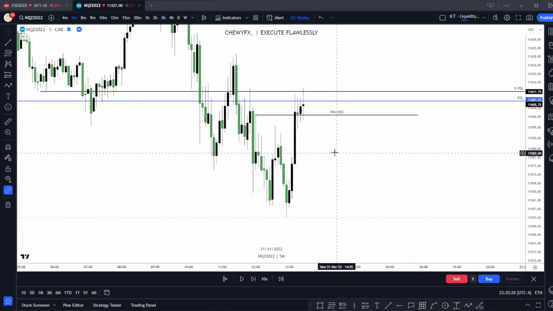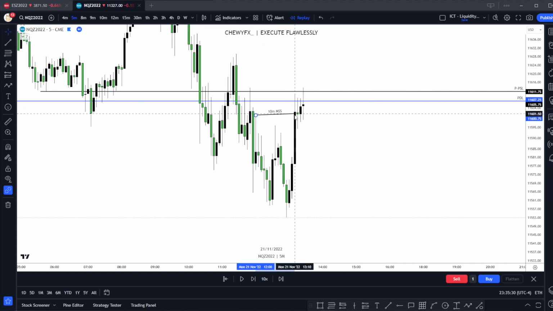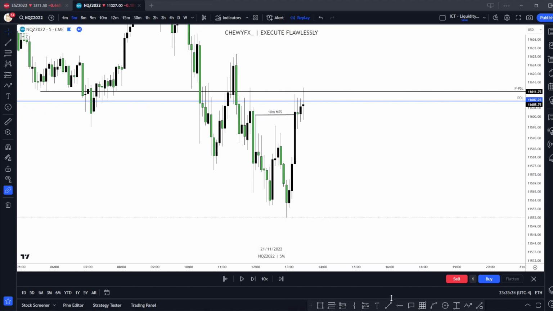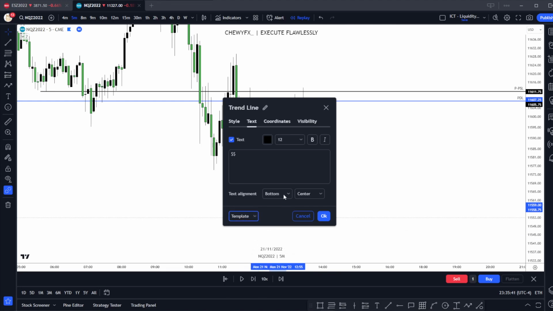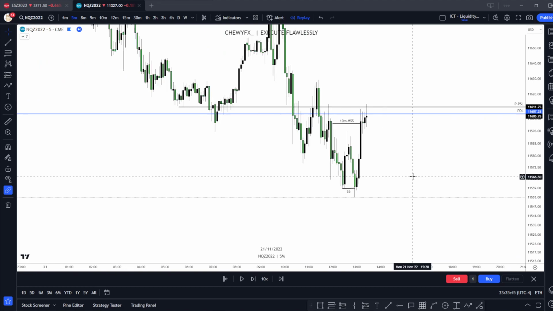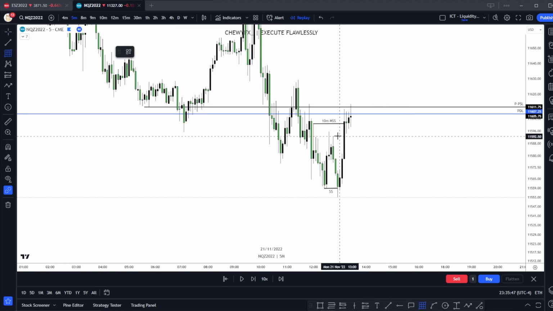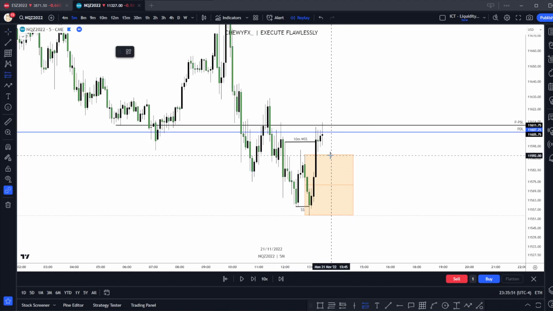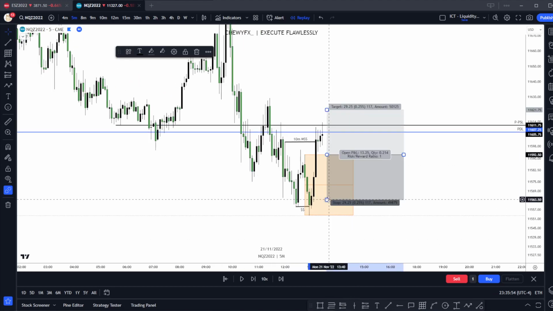Anyways, remember we would be identifying these breaks of structure using the 5-minute time frame, and we can see here we had a nice little reversal liquidity sweep, which is excellent. So it's kind of making this trade look very, very nice for a buy. Now we can enter off of this order block here, given that it's within our parameters.